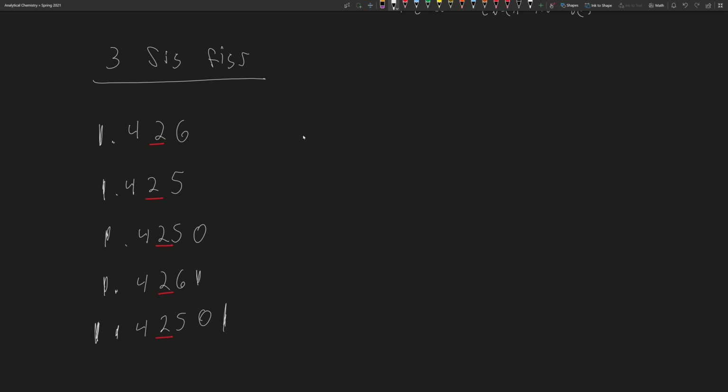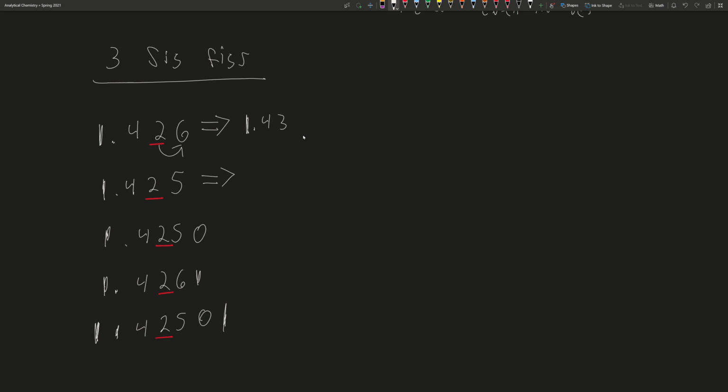So we look at this first one and we see that the number is 6. We see that 6 is 5 or greater, but it's not exactly 5. Therefore, we could use our traditional rounding method and round this to 1.43. Let's see what this one becomes. We see we have the 2. It's the last significant digit.